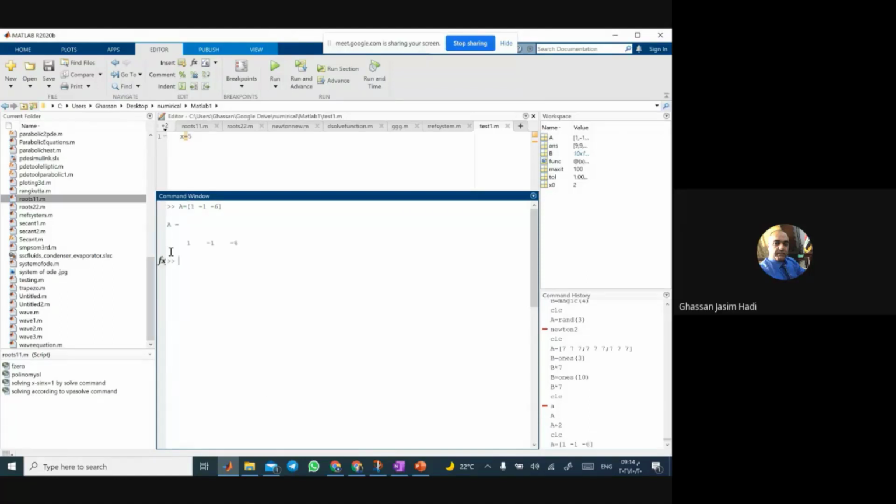Now he gives us a matrix, 1 row and 3 columns. It is mentioned as the coefficient of the question.